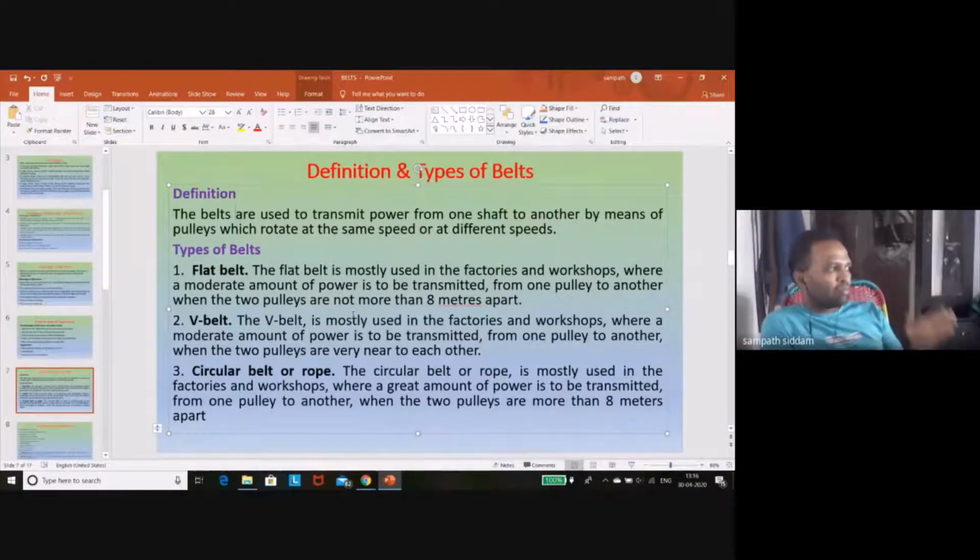Anywhere you want to transfer power from one end to the other, say in hydroelectric power plants, where you deal with water lifting and then allowing it to move on, there you have different pumps.